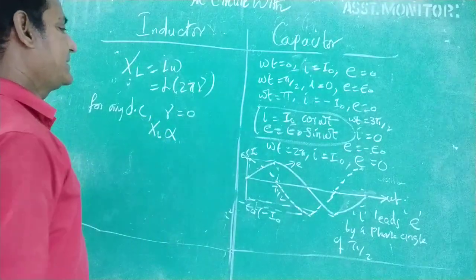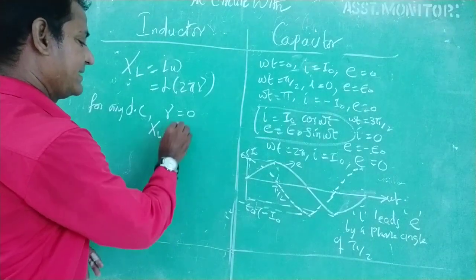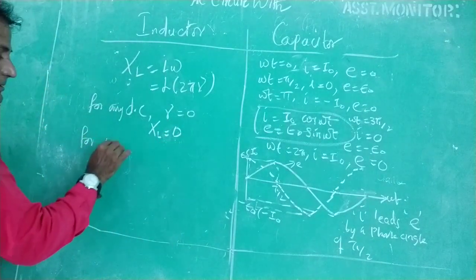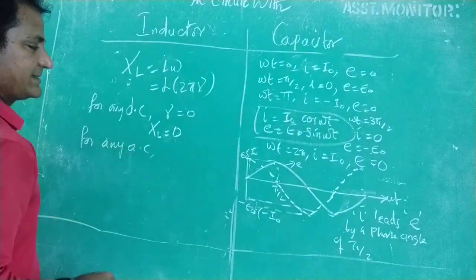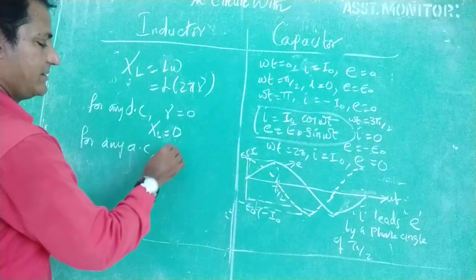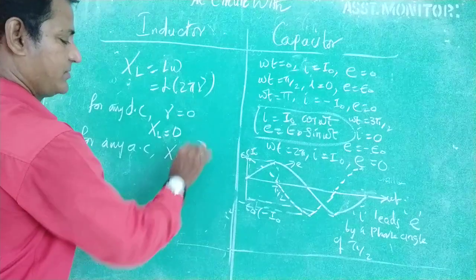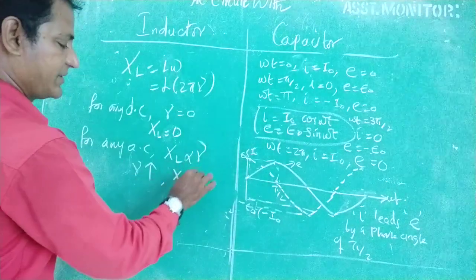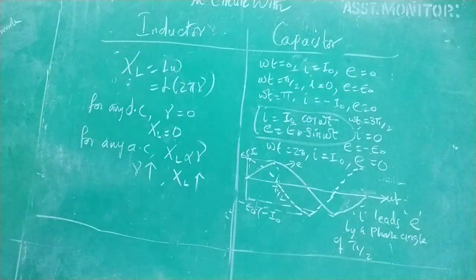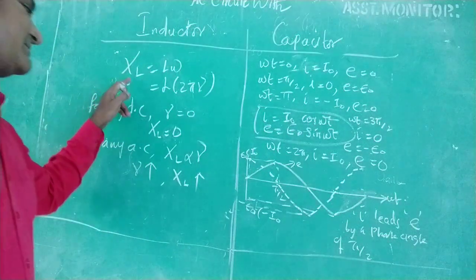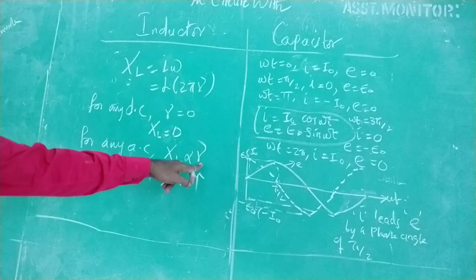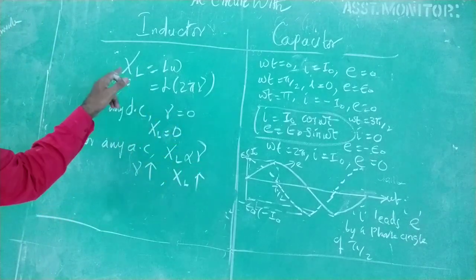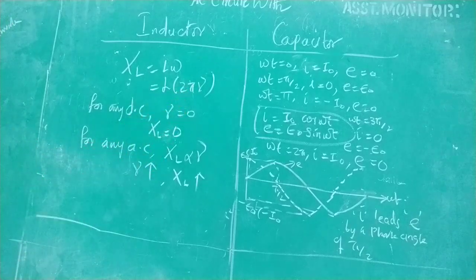So see here, there is no frequency, means XL equal to 0, right? And for any AC, there will be some frequency, right? So XL is directly proportional to the frequency. As frequency increases, XL also increases. So for any AC circuit, the inductive reactance is directly proportional to the frequency, linear frequency. But for any DC circuit, since there is no frequency, XL is equal to 0, right?